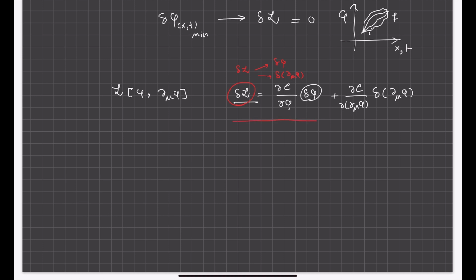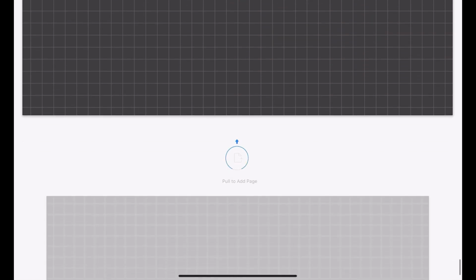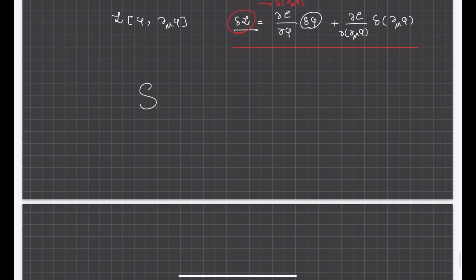We can expand this Lagrangian like this. And now we want to see if I put it equal to 0. We're going to see why I put it equal to 0, not now. But let me say the total action S is equal to the integral of the Lagrangian of phi and the derivative of phi over what?